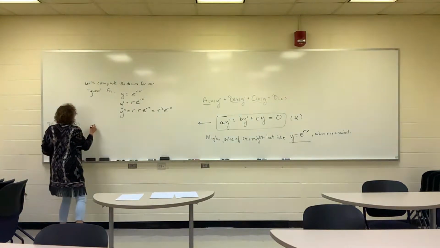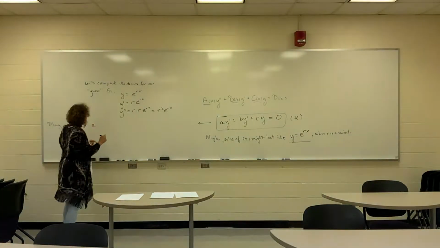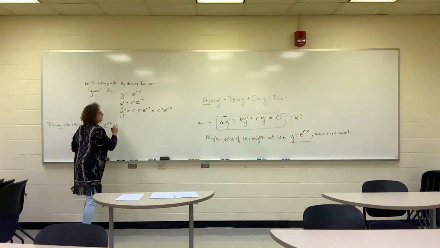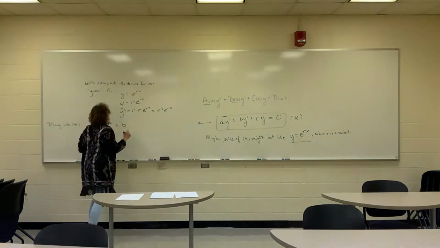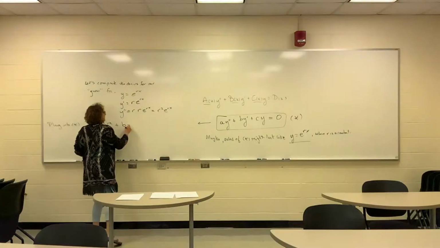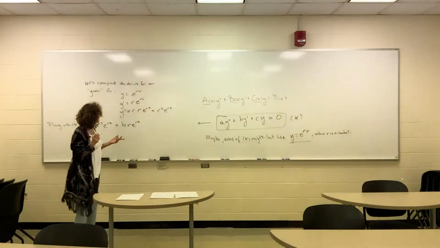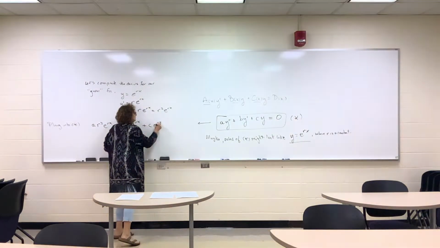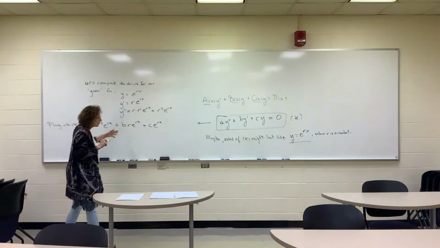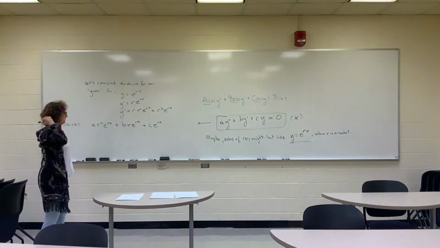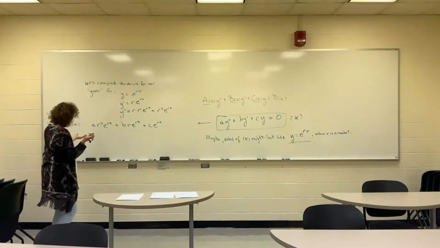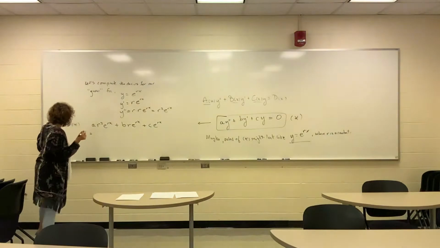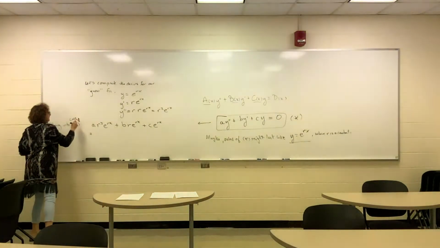It's A times y double prime, which is r squared e to the rx, plus B times y prime, which is r e to the rx, plus C times y. What is y? That was our guess, e to the rx. So we plug into the left-hand side of the equation, and this is the left-hand side of star.